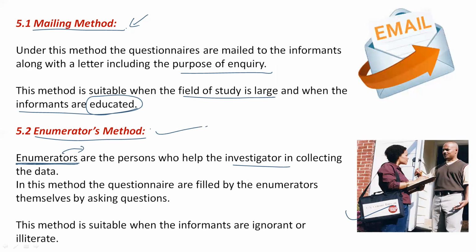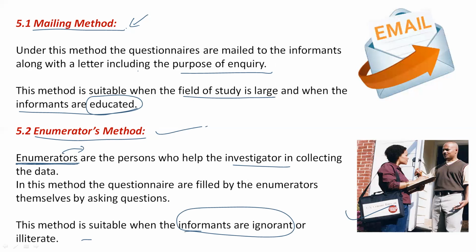He's a person, an agent appointed by an investigator who will help in collecting the data through a questionnaire. This method will be useful when informants are ignorant. As I told you, when informants do not want to fill the questionnaire, or when they are illiterate or not in a position to fill the questionnaire.